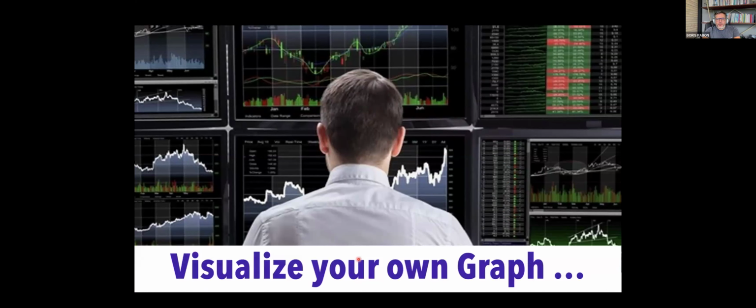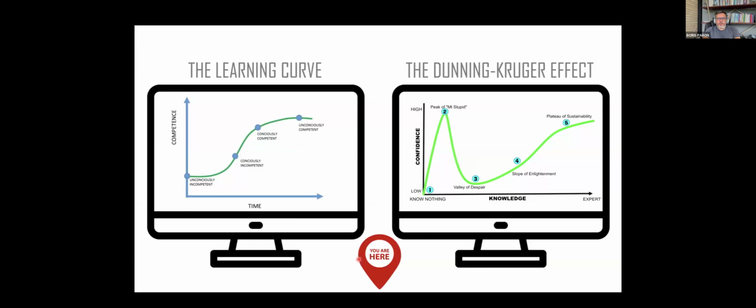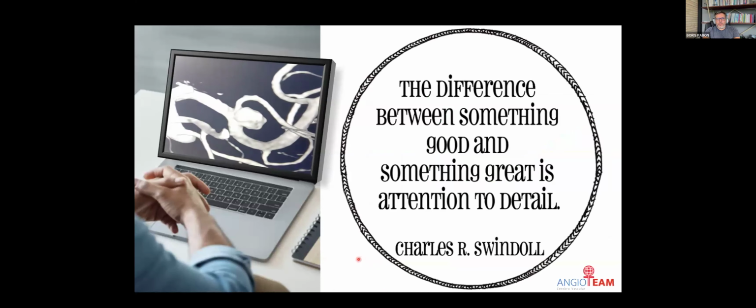The idea is to visualize your own graph, especially these two major graphs, your learning curve and the Dunning-Kruger effect. The idea is to identify your competence, your experience, your knowledge with each device, trying to select the perfect device for the perfect anatomy for the perfect patient. The idea is to ask yourself where you are definitely.